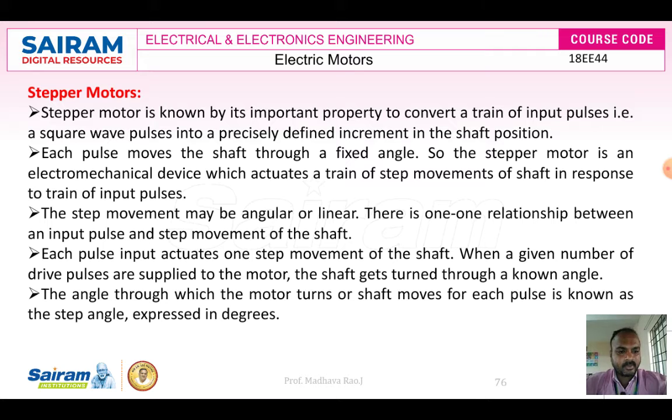There is a one to one relationship between input pulses and step movement. So the train of pulses is converted into a number of steps, and the corresponding step movements are activated in the stepper motor shaft.